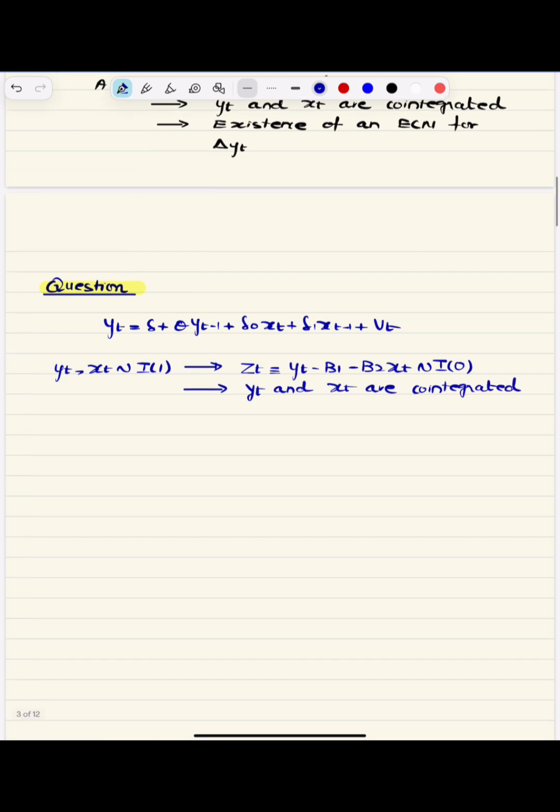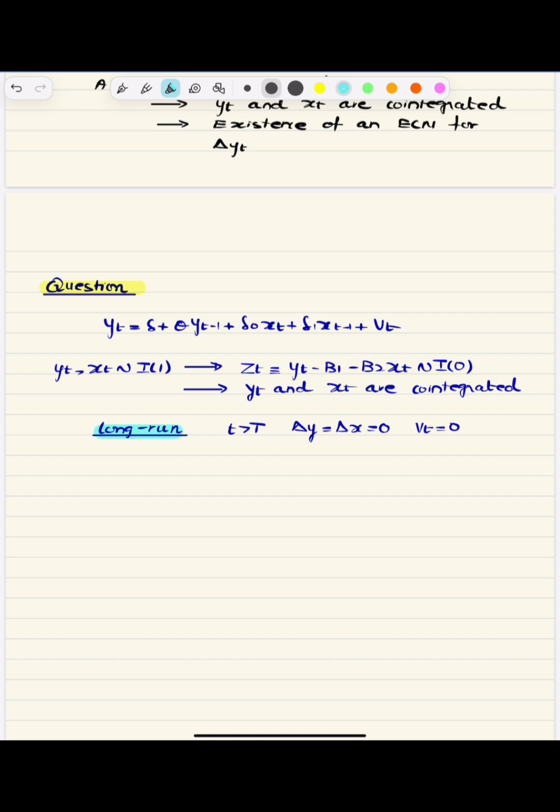So in the long run, after a certain time, there is no change in output, and there is no change in x, and actually there is no error either, because this is the long run.